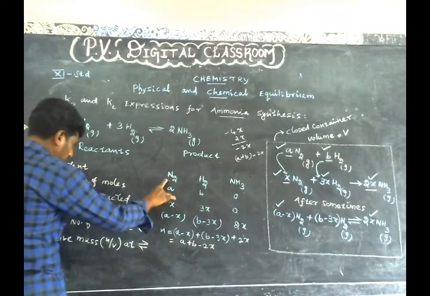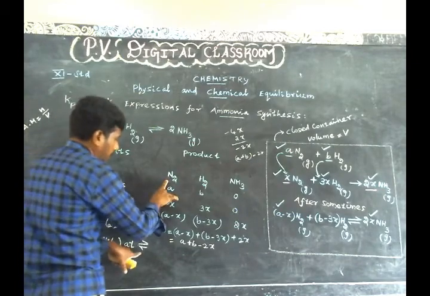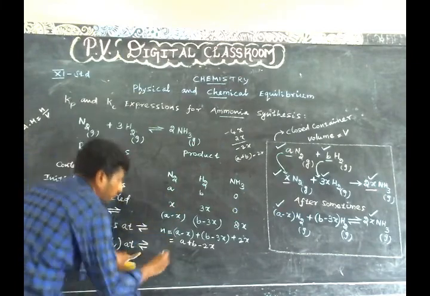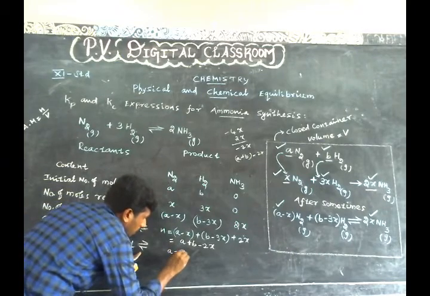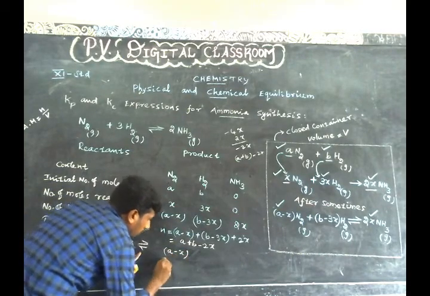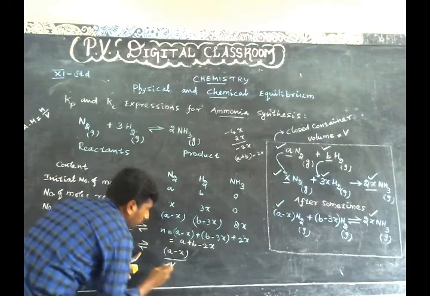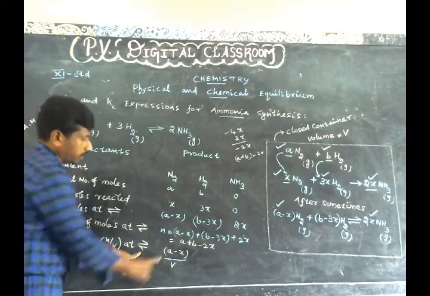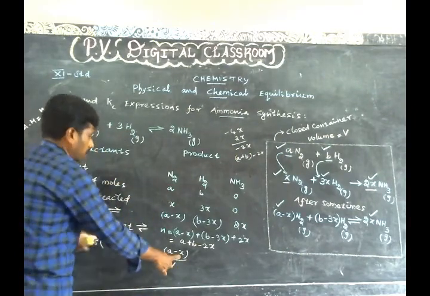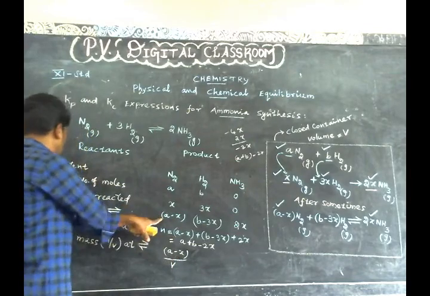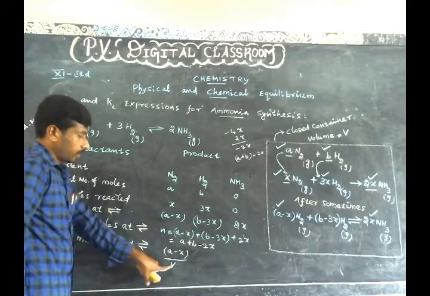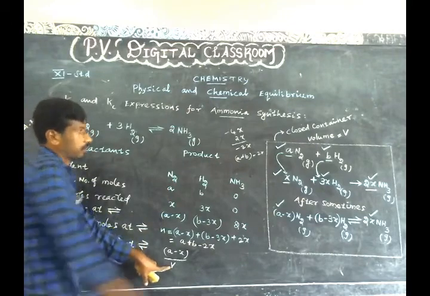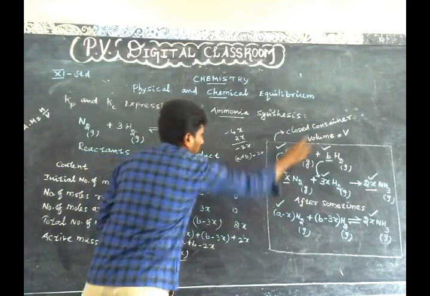Active mass of nitrogen at equilibrium is equal to A minus x divided by V. Here A minus x represents the number of moles of nitrogen gas at equilibrium and V represents the volume of the container.